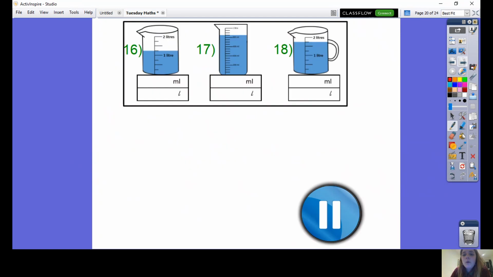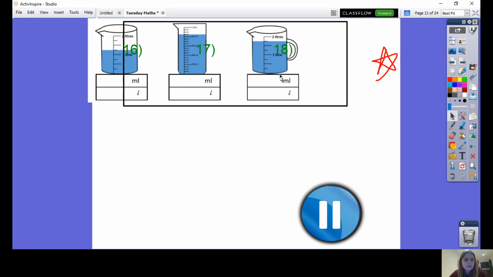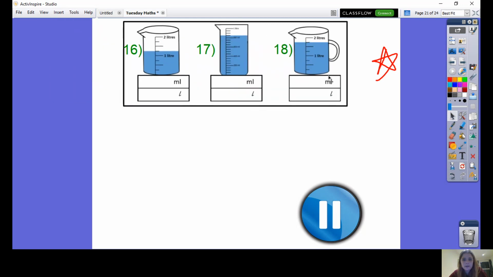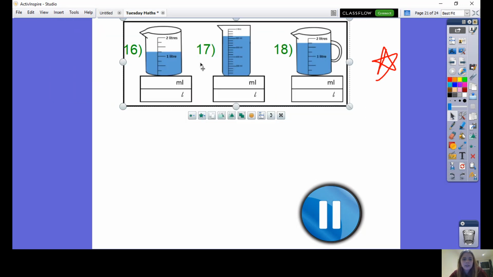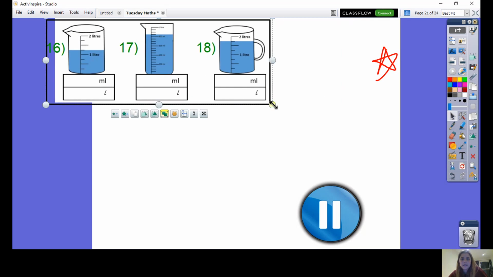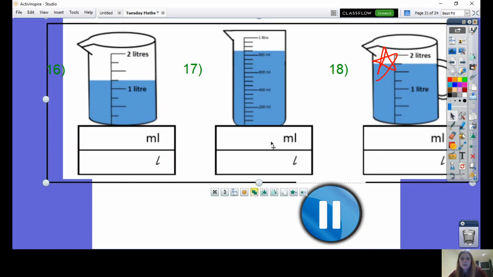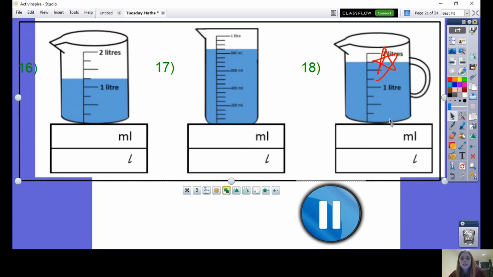Okay. What I'd like you to do now is have a go at these questions here. I'm going to make them slightly bigger for you so that you can see the scales properly. So first, find what it is in the unit of measurement that you've got on your jug, then convert it.